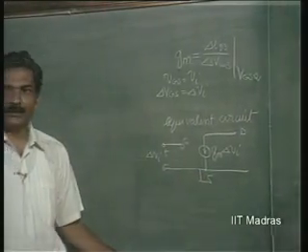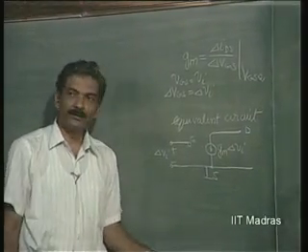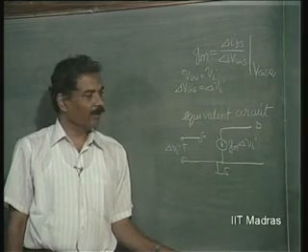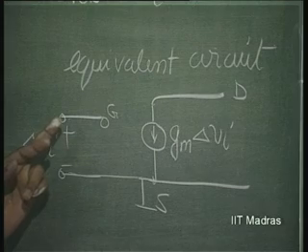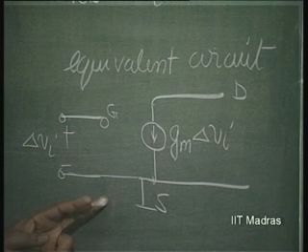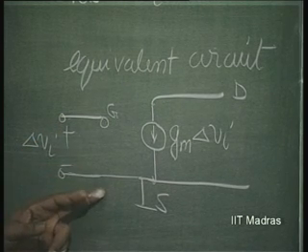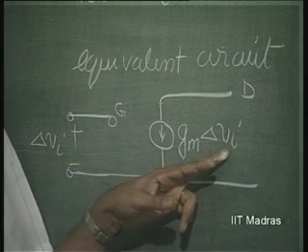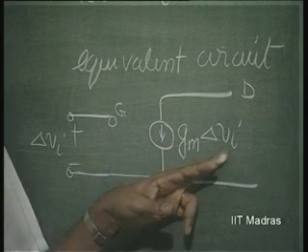You can see that this is identical to the bipolar equivalent circuit between base and emitter. If the voltage was VBE, the current source current was Gm into delta VBE, which is delta Vi, exactly the same.